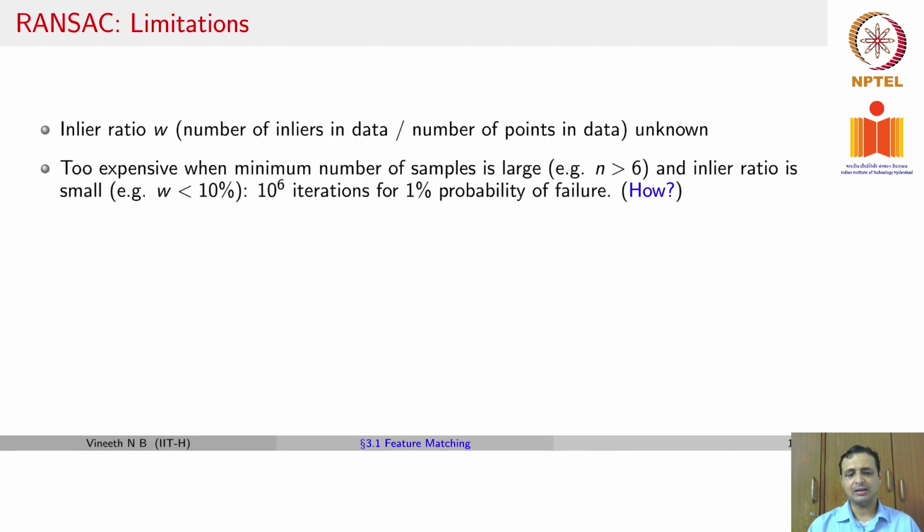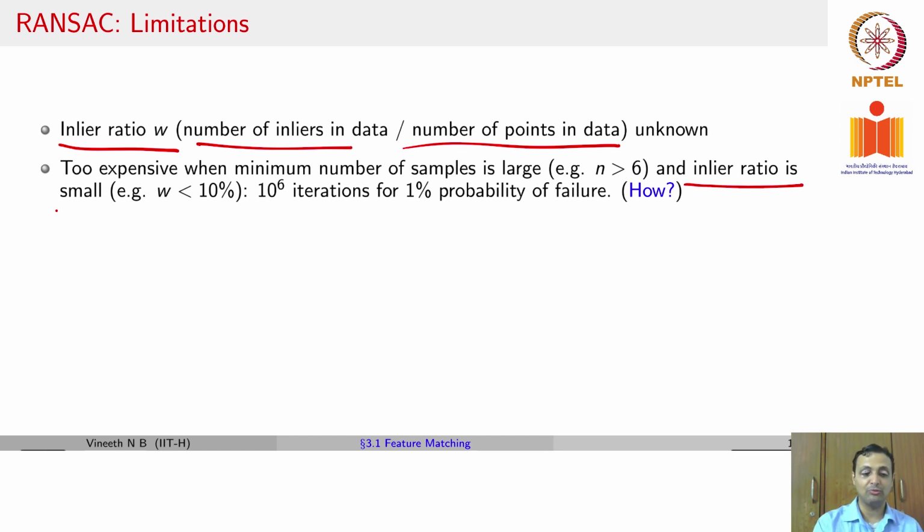Some limitations of RANSAC: when the inlier ratio, which means the number of inliers in the data divided by the number of points in the data, is unknown, then you could have problems in being able to fit. Also, when the inlier ratio is very small and the minimum number of samples to be drawn is large.